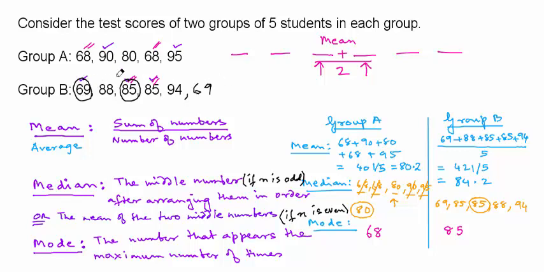So are there 2 modes or what? Now I have to say that some teachers and books would prefer to say yes, there are 2 modes, 69 and 85, whereas some others prefer to say there's no mode at all. So you want to check with your teacher to find out which way he or she would like you to answer that question.